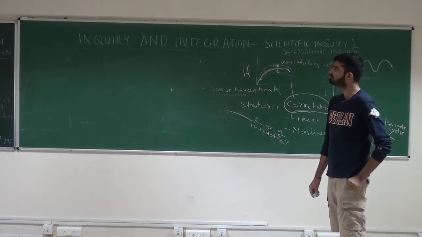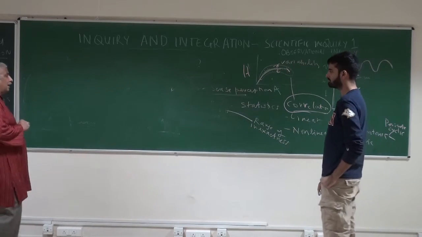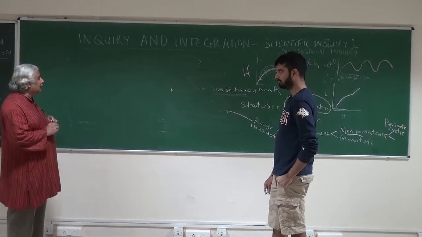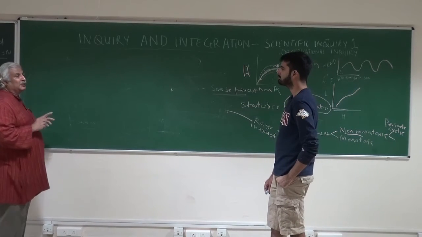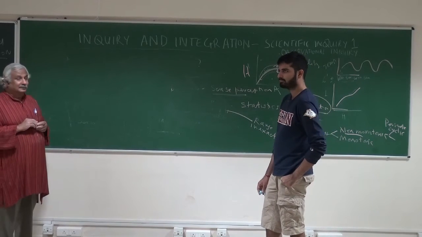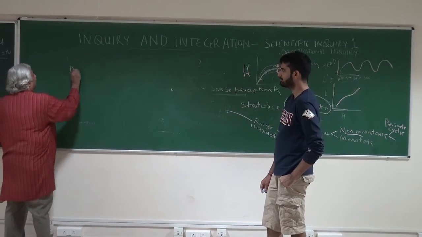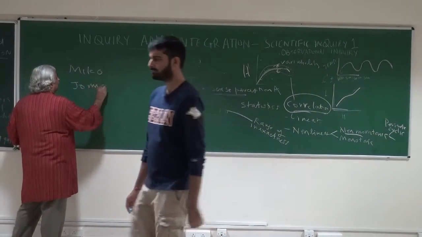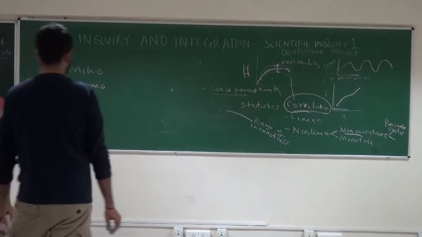Let's take a question. Here is the story. There are two people. What would you like to call them? Let's say brother and sister. Miko and Jomo, my favorite. Okay, Miko is the sister and Jomo is the brother.